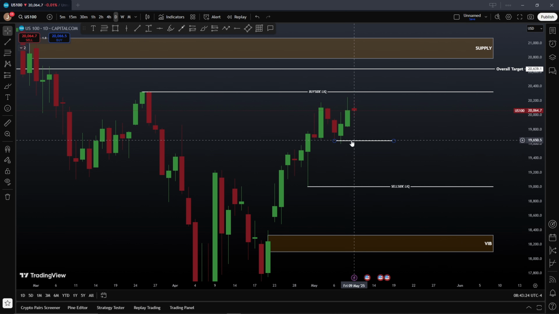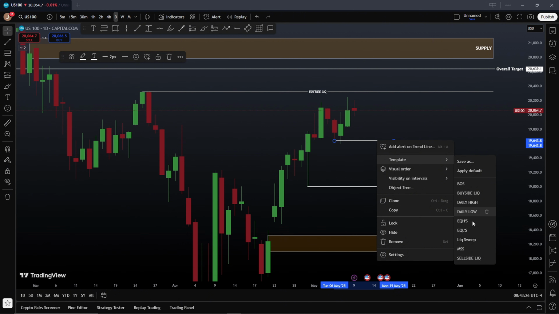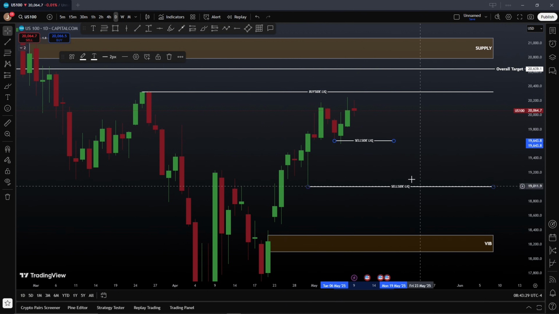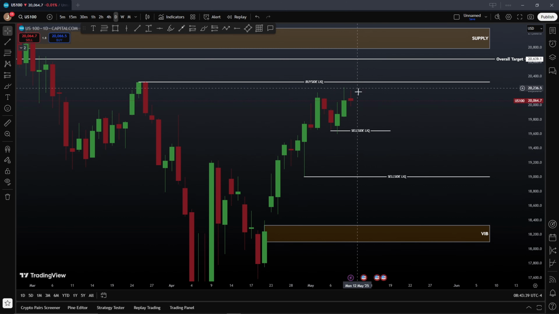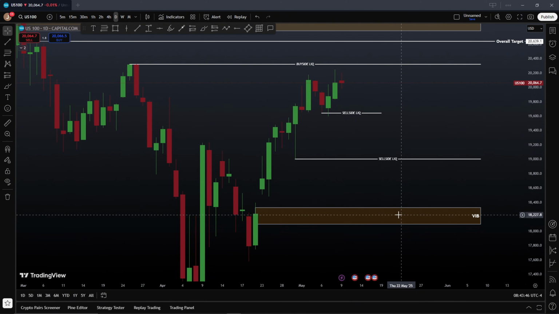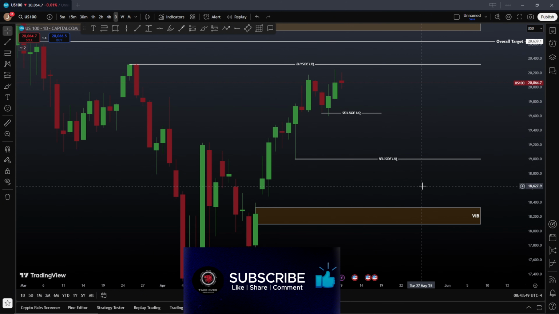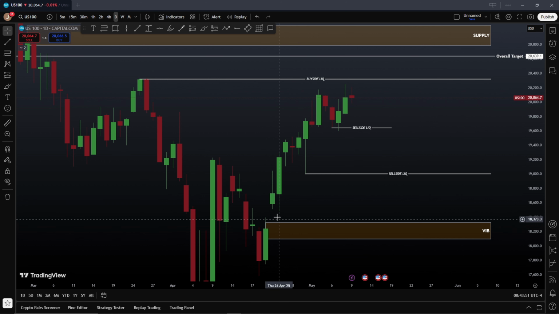So once we are finding ourselves having this closure below our sell side liquidity, we won't just take our sell side liquidity, but we will also have a change in market structure as well, and this will simply mean we can then find ourselves looking for some beautiful overall shorts towards the downside back into our sell side liquidity as we have right over here, to potentially find ourselves having a further continuation move back into our volume imbalance, as we know that we do have a gap, and as we do know with previous or historical data, gaps need to be filled.